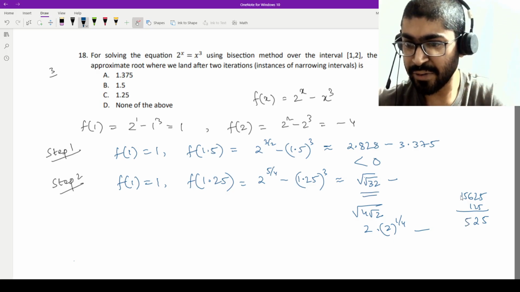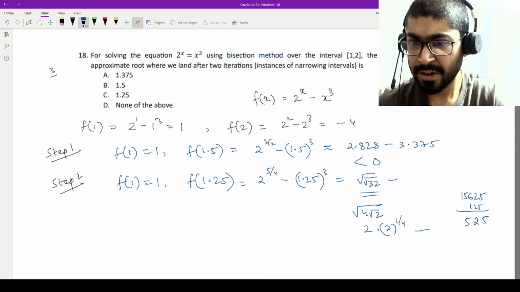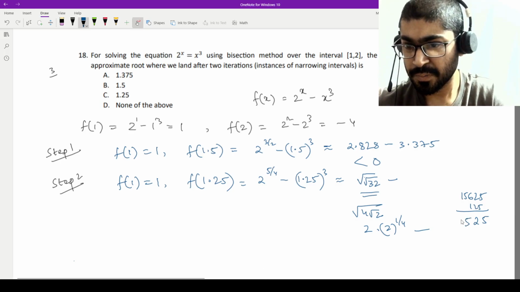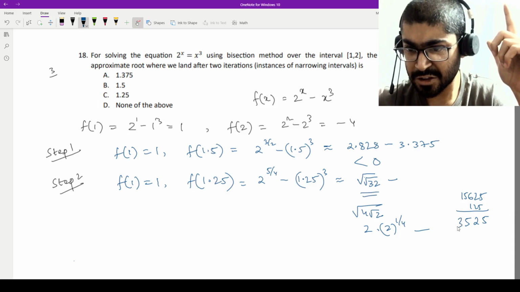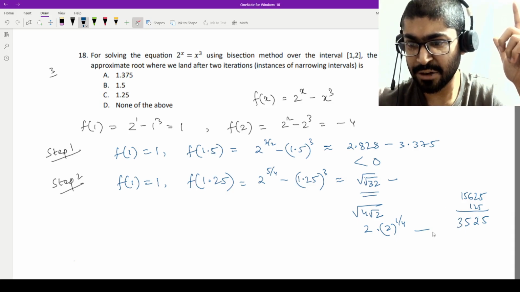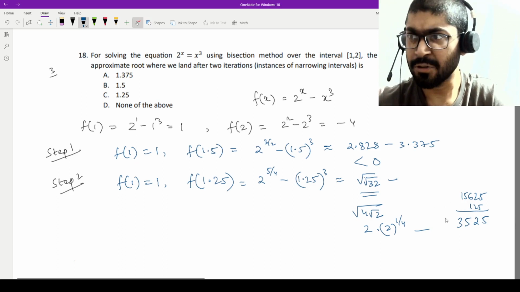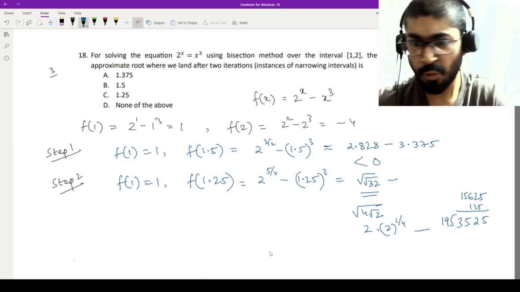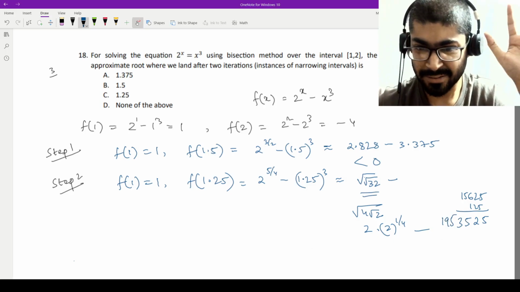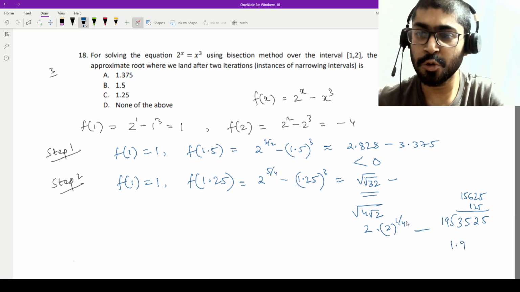So 625 and 78 will give us 723, and if I add 72 to this, I'll get 195. So this will give me 1.9 something. So this is 1.9 approximately, and 2 into 2 to the power 1/4.